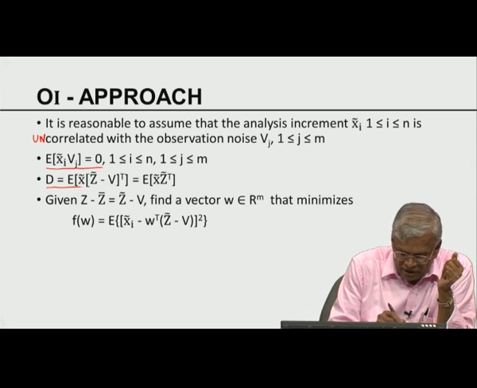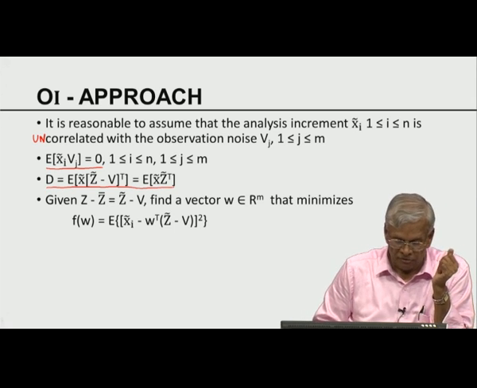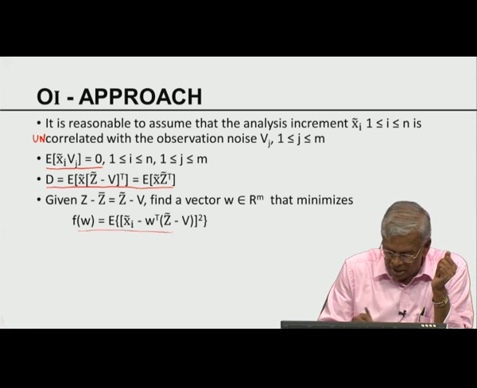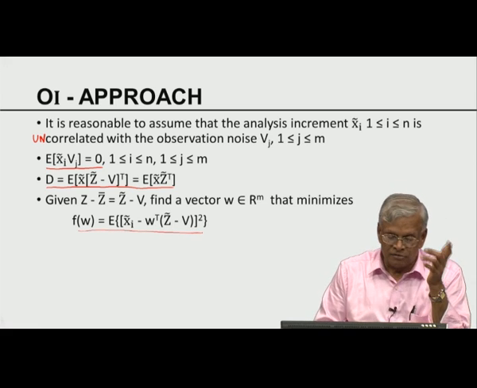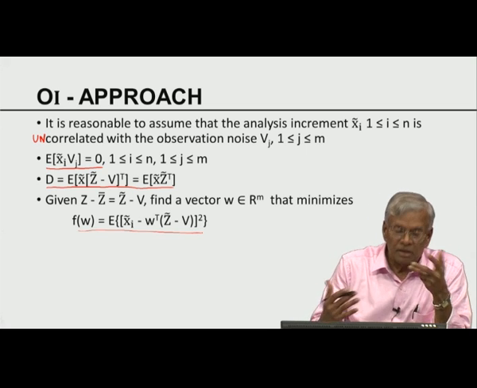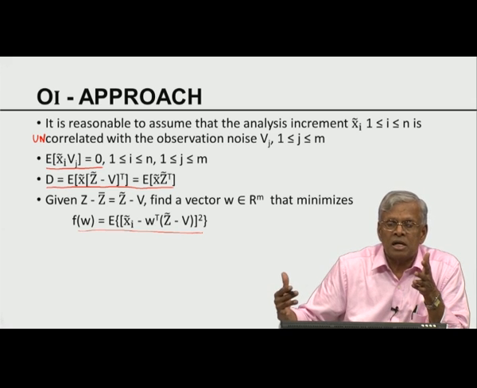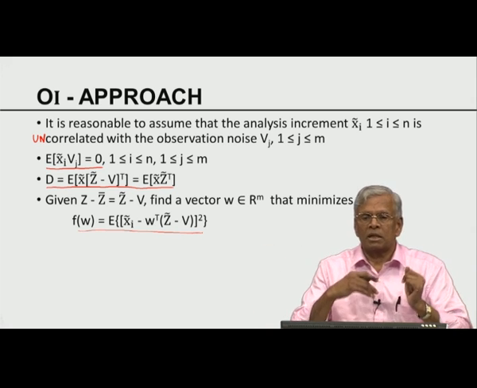So I can define D. D is given by a similar formula. I have a W, which is the weight vector. So I am again simply assuming the grid analysis increment is a linear combination of the observation analysis increment.